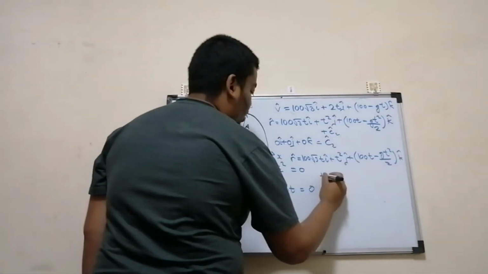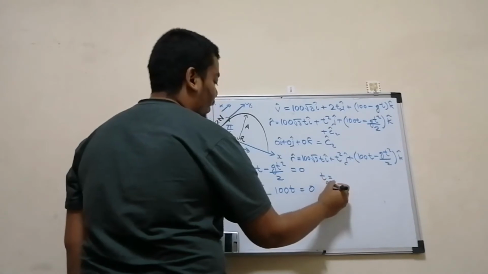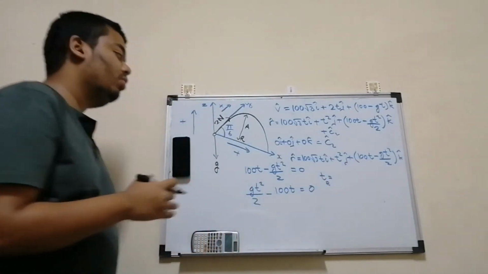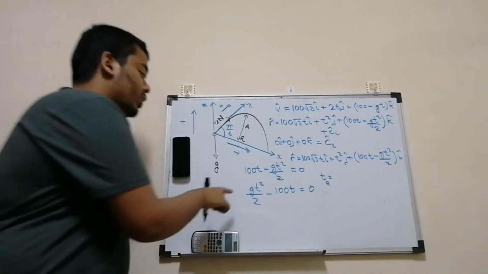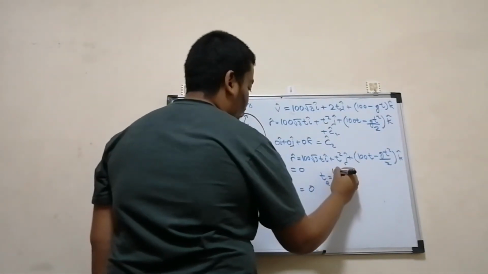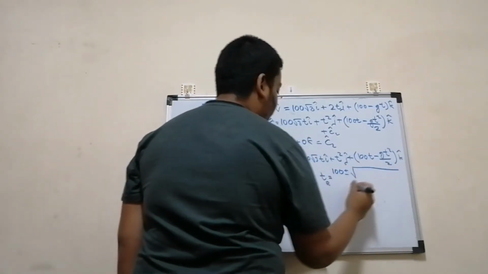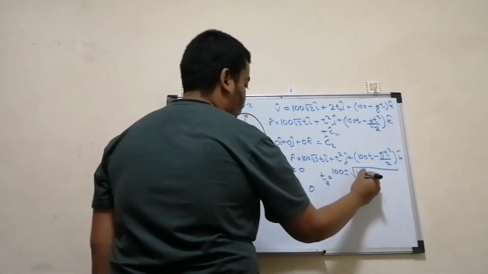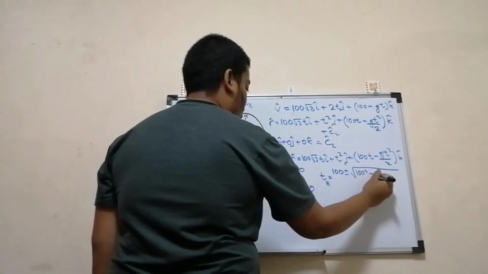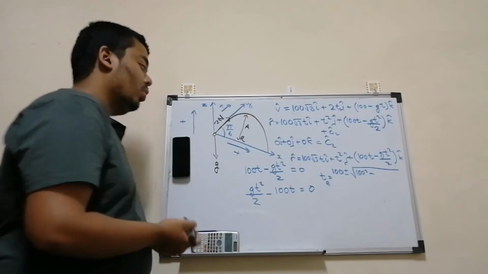So t will be equal to, but this t is a specific t, this is the t for range. The time taken for the particle to reach the range. T will be equal to negative b, which will be 100, plus or minus the square root of b square, so 100 square, minus 4ac. So a is 0.